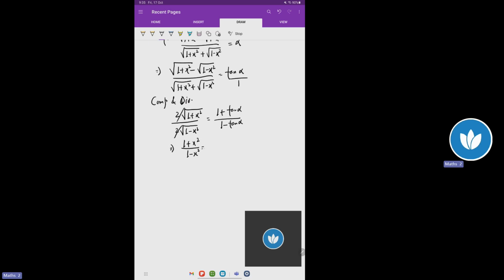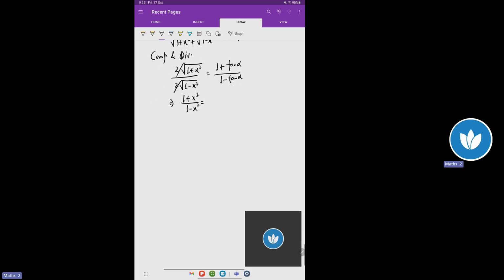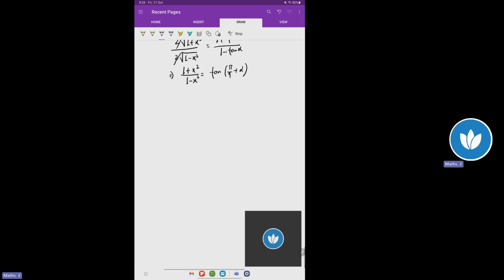This is surely going to be the square of this one. So 1 plus tan alpha, which we can also write like this. So this is tan of pi by 4 plus alpha. Now we have to find x square. So let's use componendo and dividendo again.